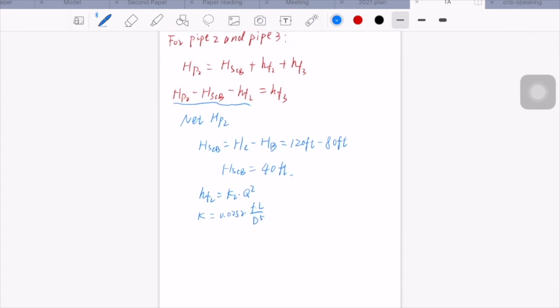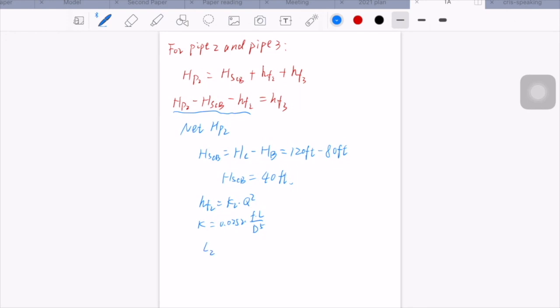From the problem, we know the length of pipe 2 equals 9,000 feet, f2 equals 0.02, and the diameter of pipe 2 equals 2 feet. So we can determine K2 equals 0.141.